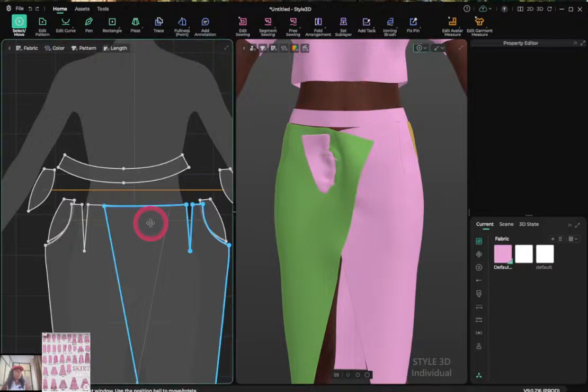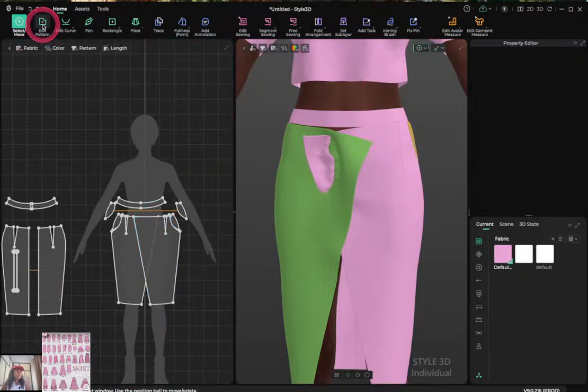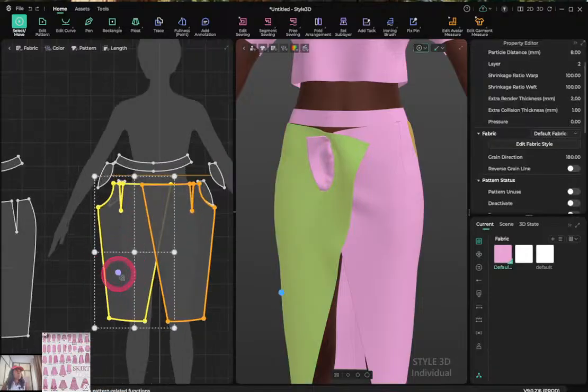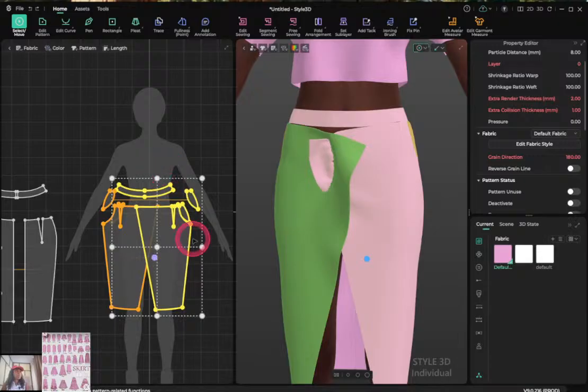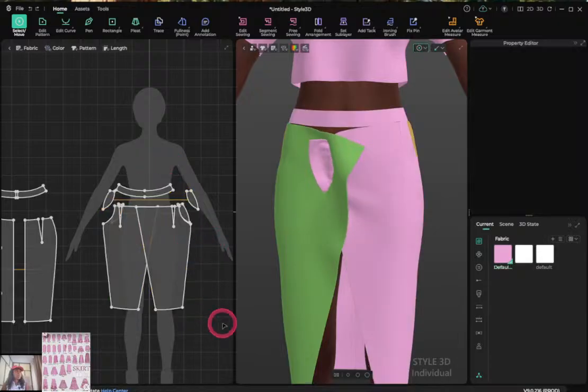I'm going to go ahead and widen the pieces. I hate when these pieces don't come along, you know.